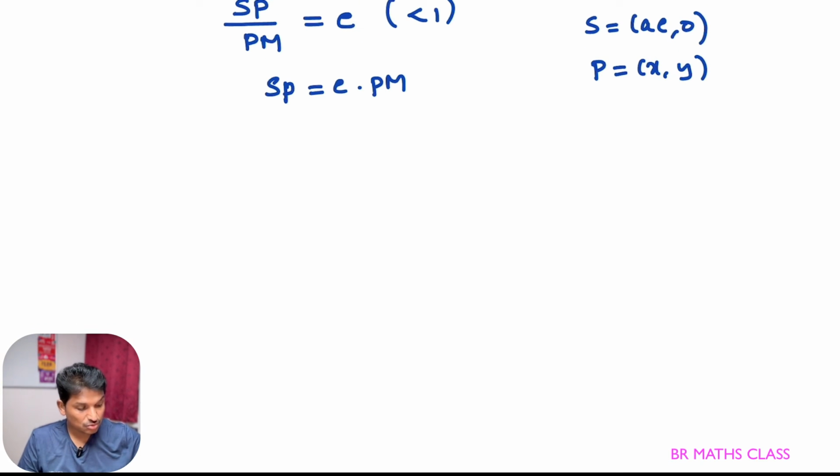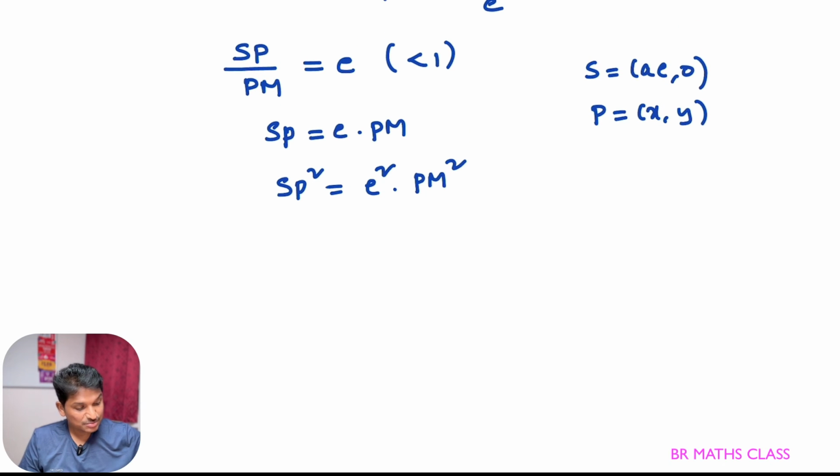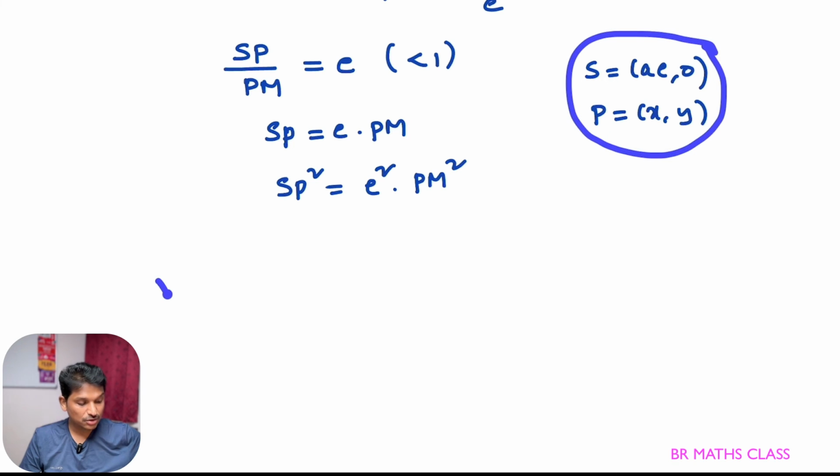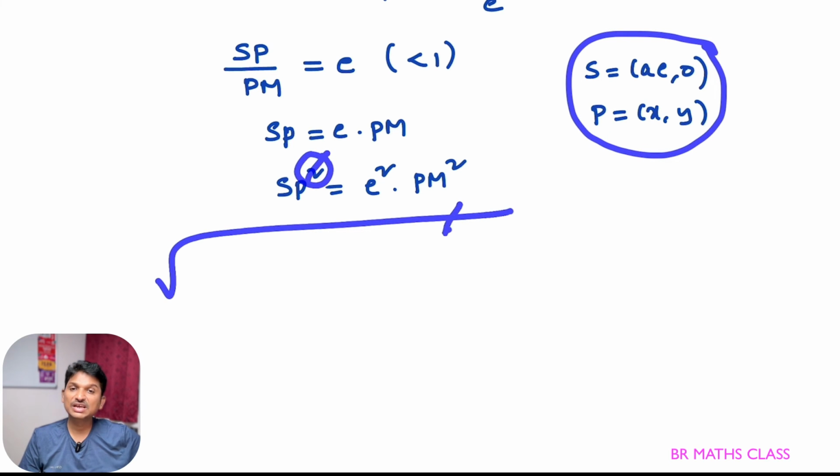SP equals E times PM. Now I'll square this. SP square is the distance between the points S and P. Don't write S square P square. SP square equals E square into PM square. SP means the distance between these 2 points, square root of, like that you will write. Here a square is there, so the square and root will get cancelled.